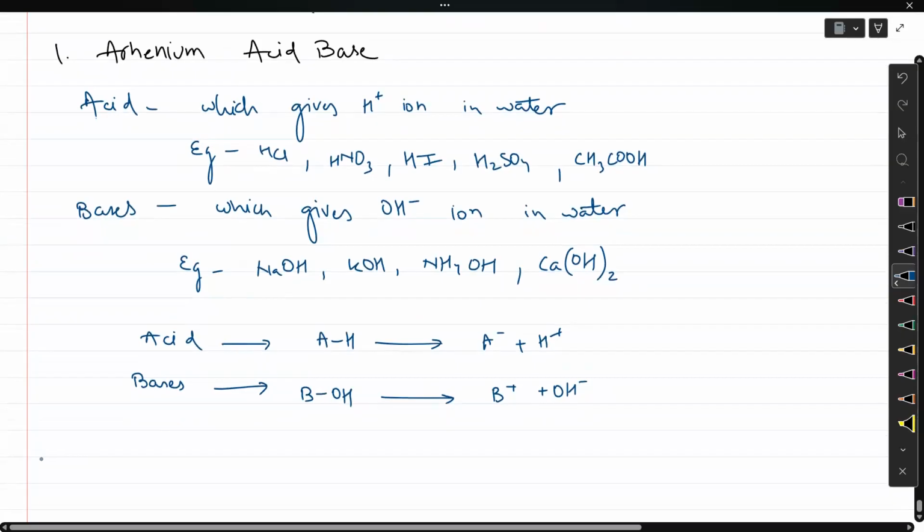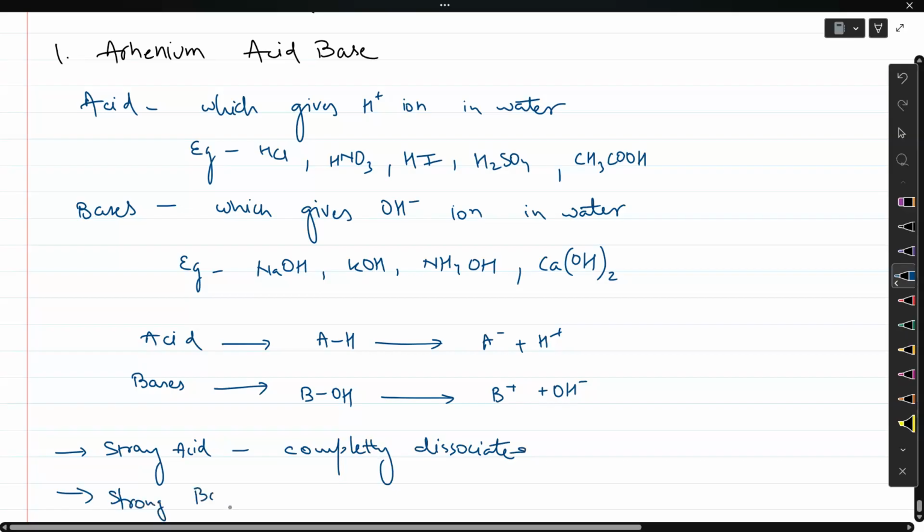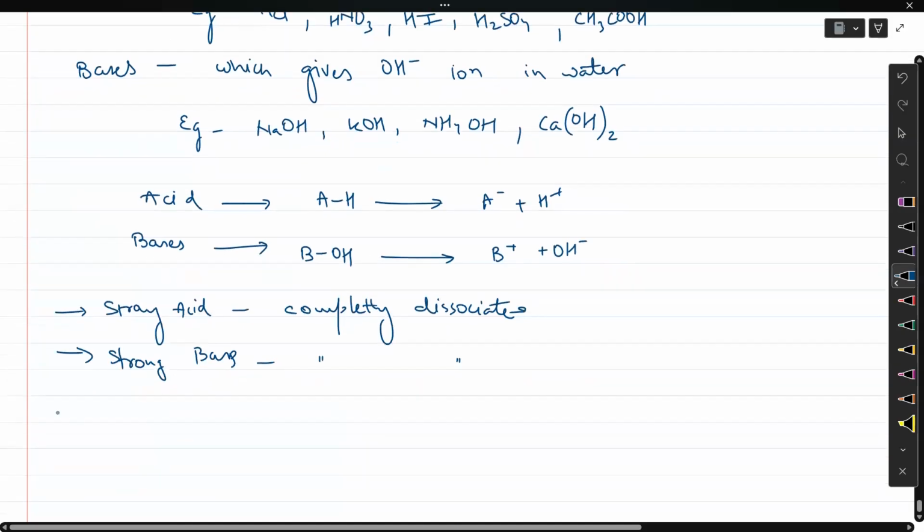According to him, the strong acids are what? They completely dissociate. Strong bases also completely dissociate.